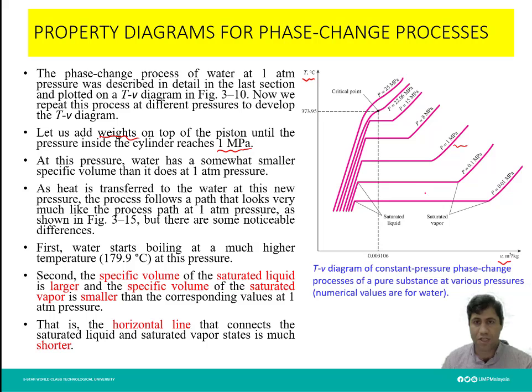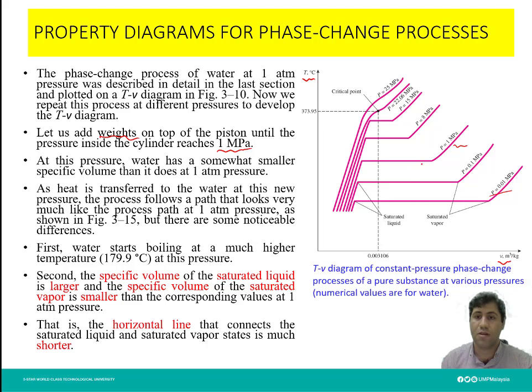So you can see here the differences between these two graphs. This graph is what we have for 1 atmosphere, or 100 kilopascal, or 0.1 megapascal, and this is the graph for the phase change process at the constant pressure of 1 megapascal. You can see here the similarity and differences between these two graphs.